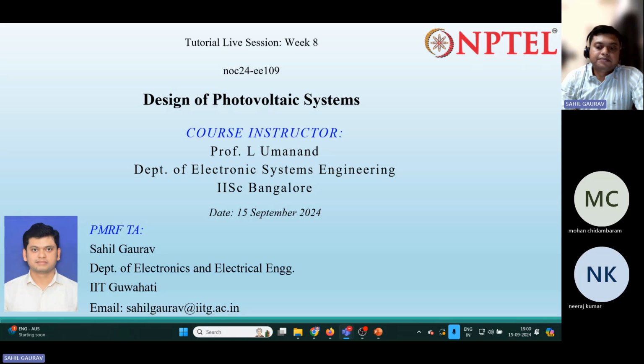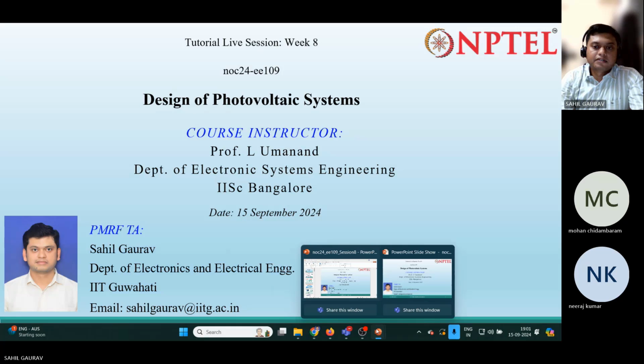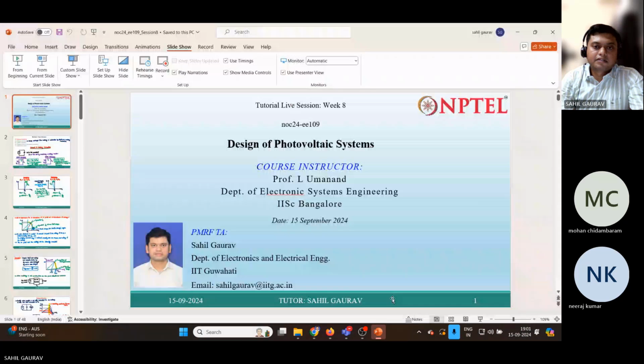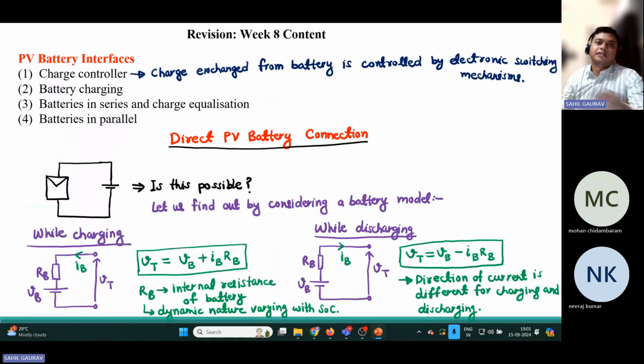So beginning with this first slide. In today's session, we are going to discuss these 4 important parts for PV battery interfaces.